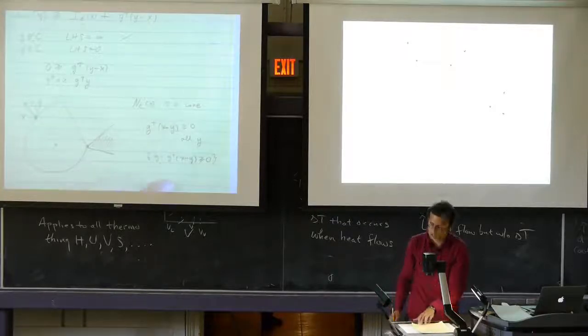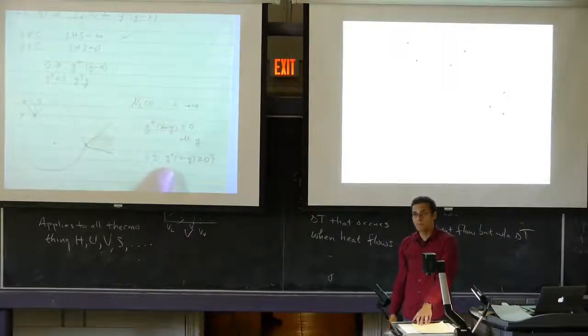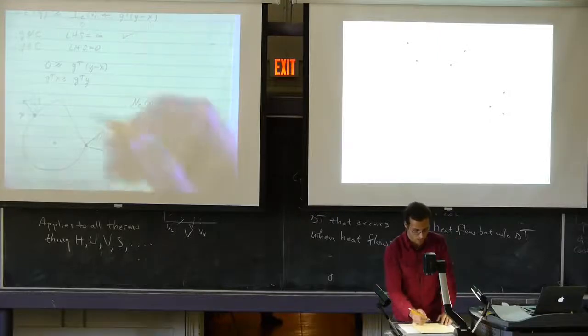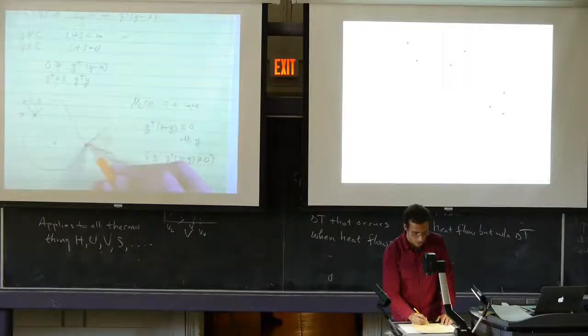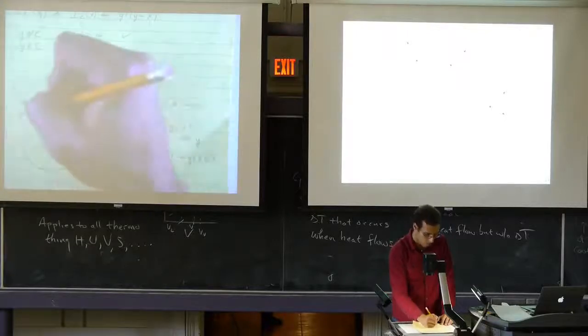For fixed y and x, that's a half space. So the normal cone is the intersection of all of these half spaces over all points y in the set. That ends up giving me, in some cases, something like this. In some cases, it just gives me a ray.